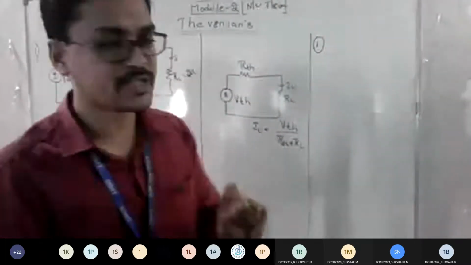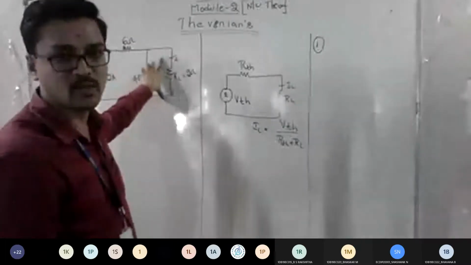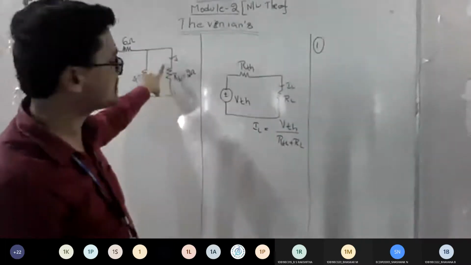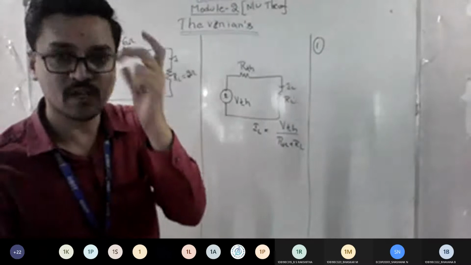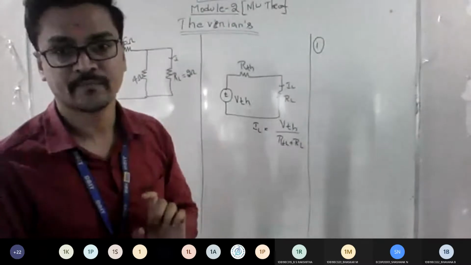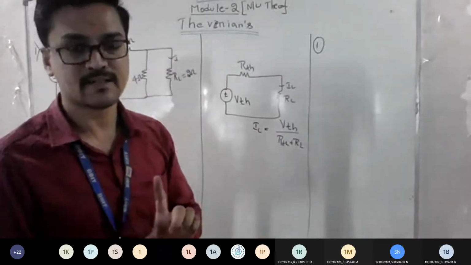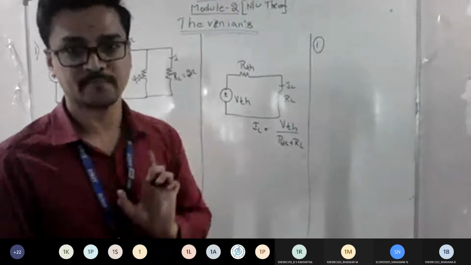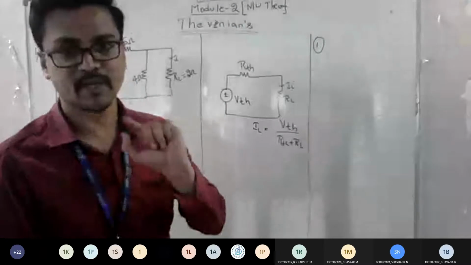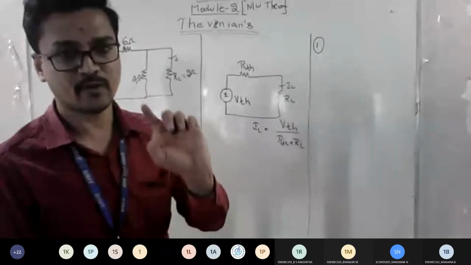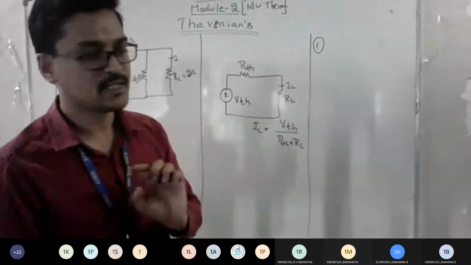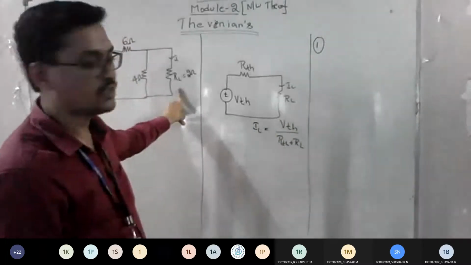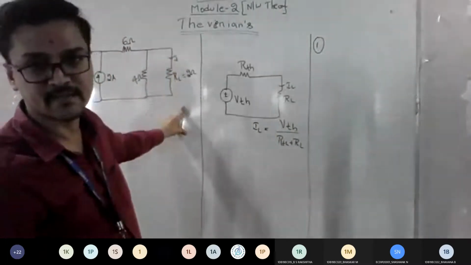In some problems they will give the load, in a few they will just mention AB, XY or PQ, which indicates the junction where the load is. So step number 1, before finding RTH or VTH, assume there is a load and eliminate it.